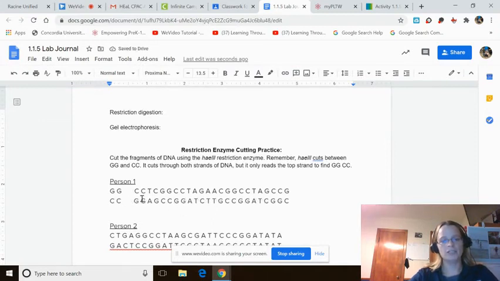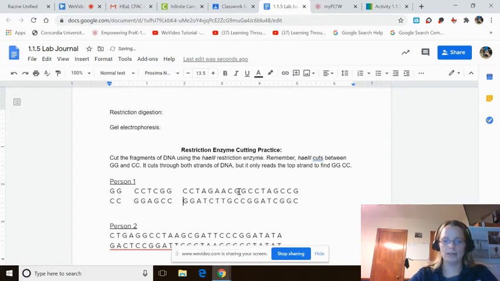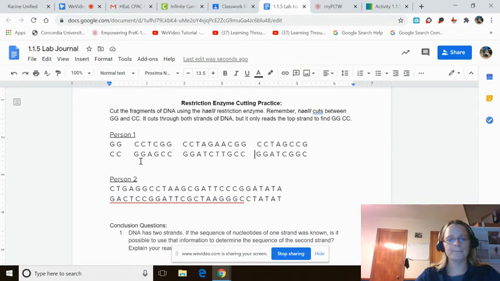It cuts between G and C when you see G, G, C, C. But here's another one, G, G, C, C. It cuts between the G and the C. But it cuts both strands. Just read the top strand. And here's another place, G, G, C, C. I'm going to cut it by making spaces. And you can see person number 1 has 1, 2, 3, 4 fragments of DNA.